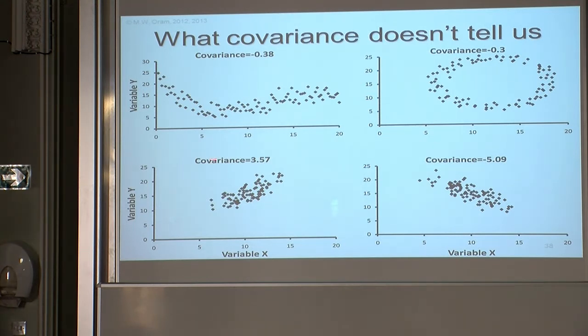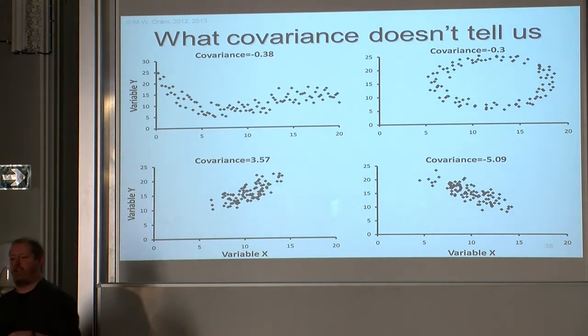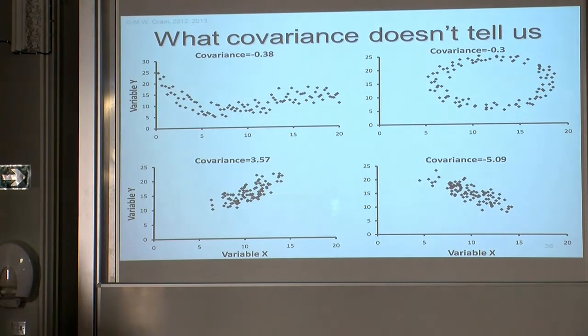Here the covariance on the same scale is 3.5 or minus 5. Okay, so covariance doesn't tell you that there isn't a relationship, it says that there isn't a linear relationship. So you have to plot your data to check if the measure of covariance makes any sense.